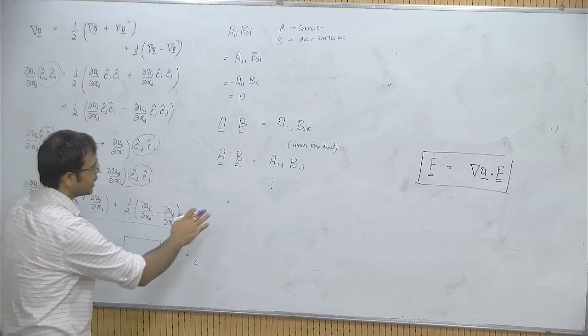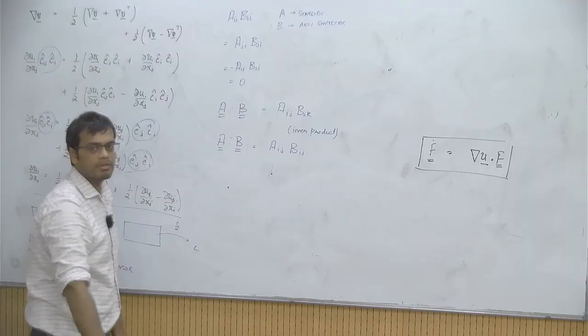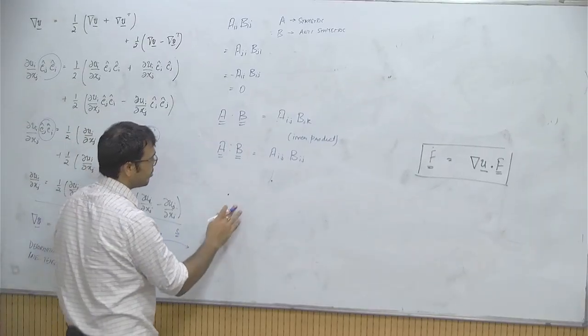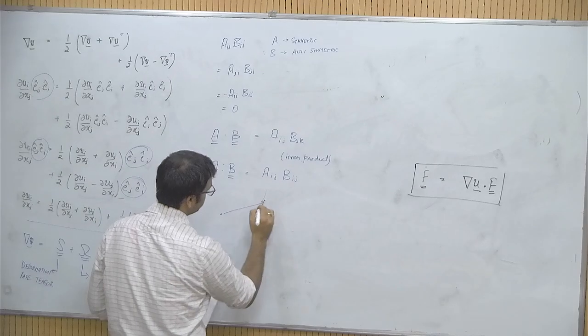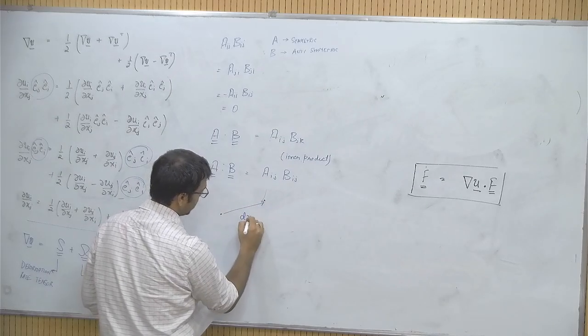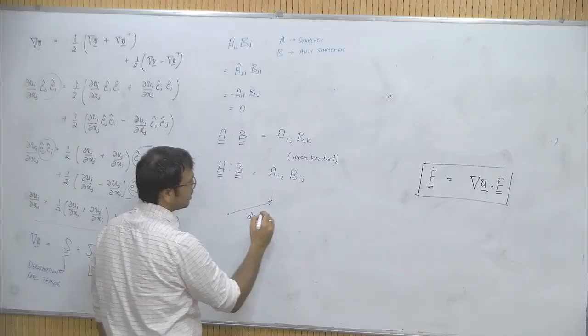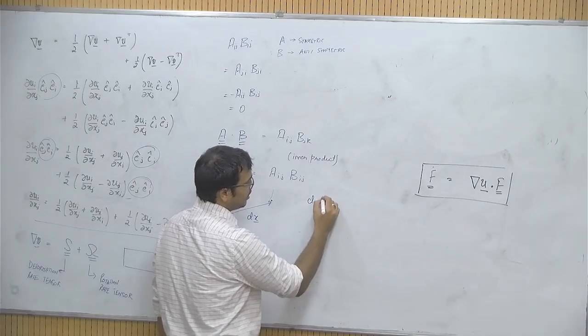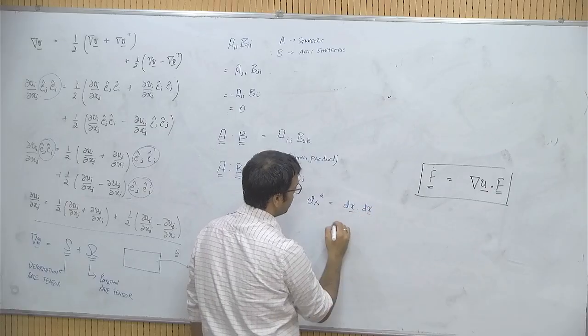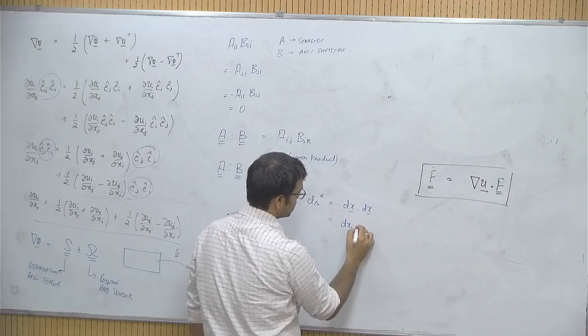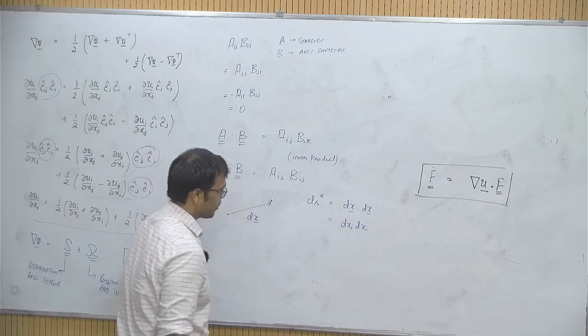So we are looking at 2 spatial points, and there is fluid everywhere, and there is some flow happening. Let us say the position vector between the two is dx, and the distance between them is ds, where ds square is dx dot dx, or dxi dxi.